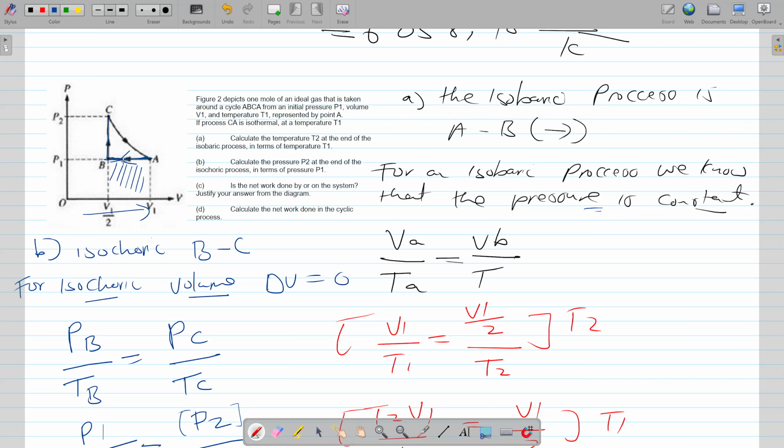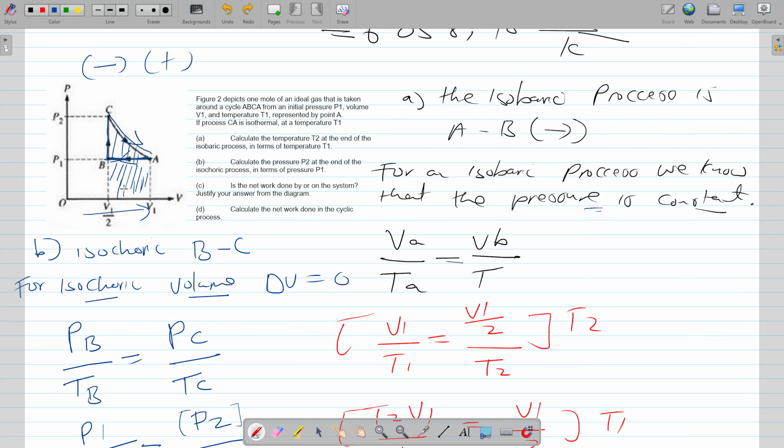Our volume is decreasing, meaning our process is compression. Compression does negative work, right? And then this process here is the only one that's left. This one is isothermal expansion, which is positive, and it has a larger area under the graph, right?